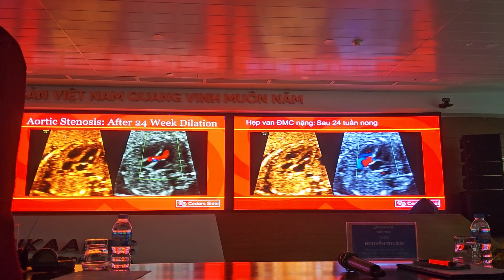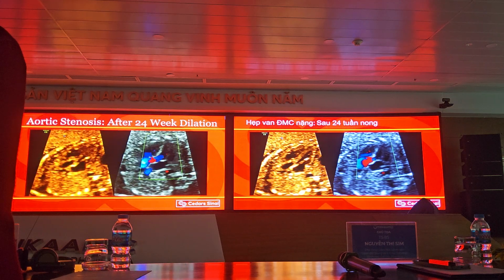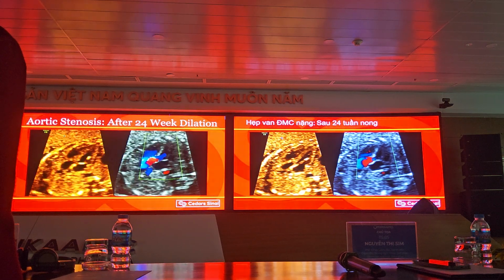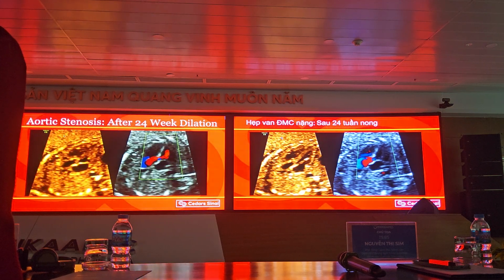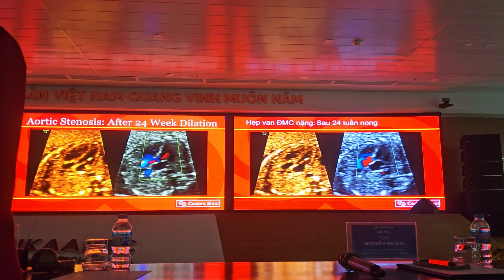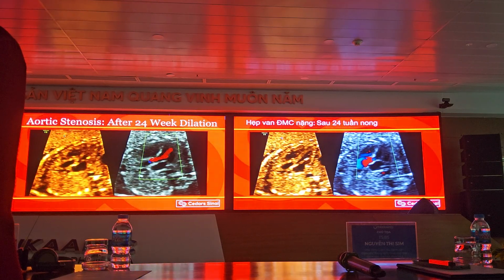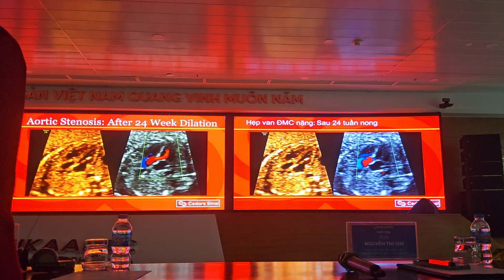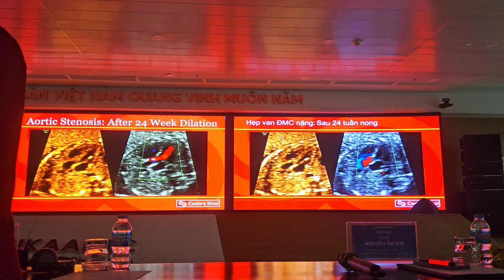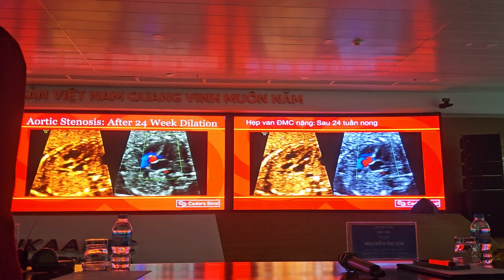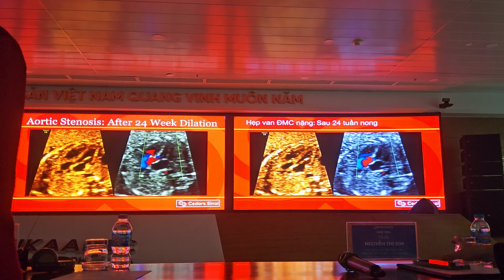But as was mentioned earlier, this child is over 10 years old and has had multiple surgeries after delivery, multiple surgeries for valve replacement, or Ross, and then other procedures. So it is important to remember that dilating the aortic valve does not make the heart normal. It just helps to prevent the development of hypoplastic left heart.